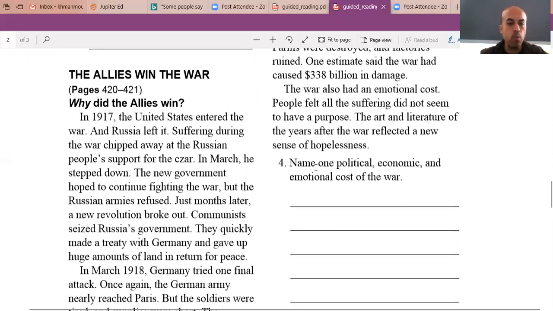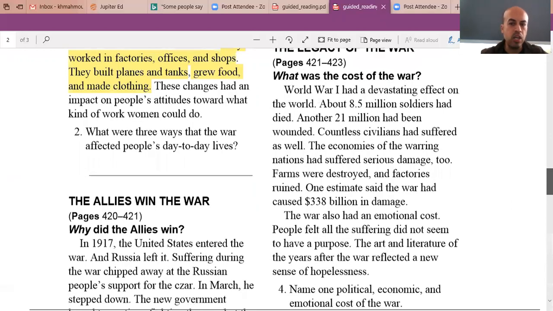So now, name one political, economic, and emotional cost of the war, the legacy of the war. In the political, the war had a devastating effect. Countless civilians suffered. This is one of the political.